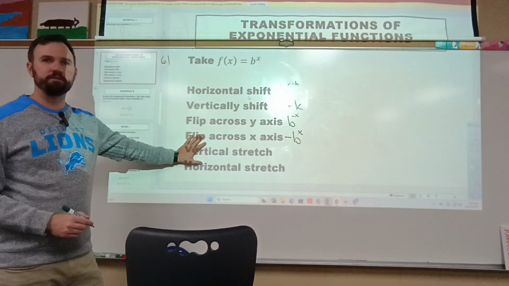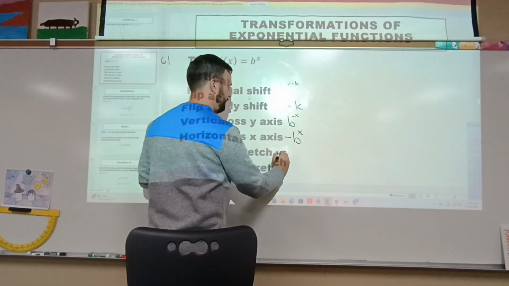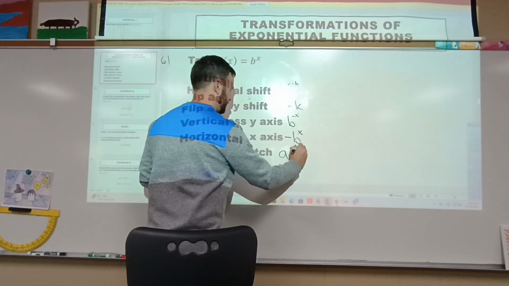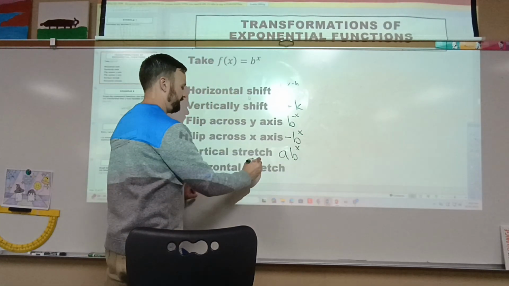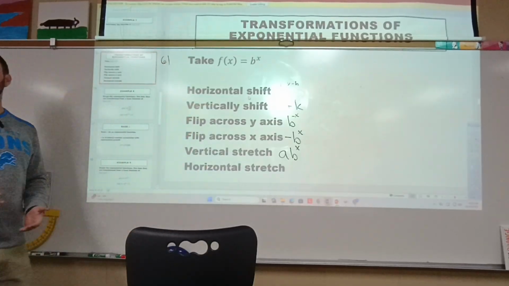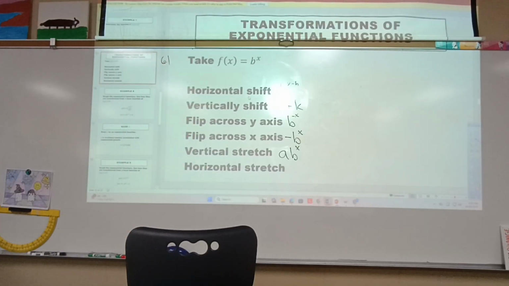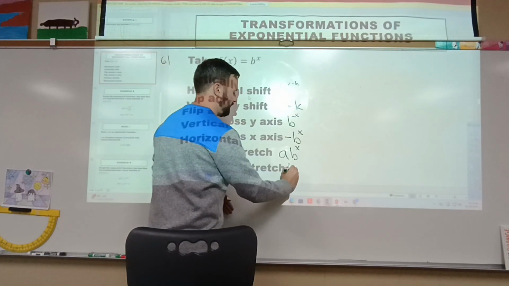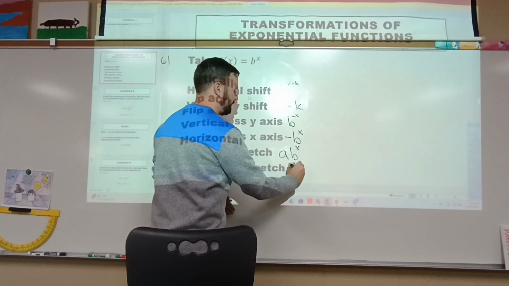We'll call it a: a times b to the x, where a could be big or small. Like if a is over 1. I didn't make you guys know if it was a shrink or stretch, right? I just had you say it was either one or the other. And this would be like b times something to the k.